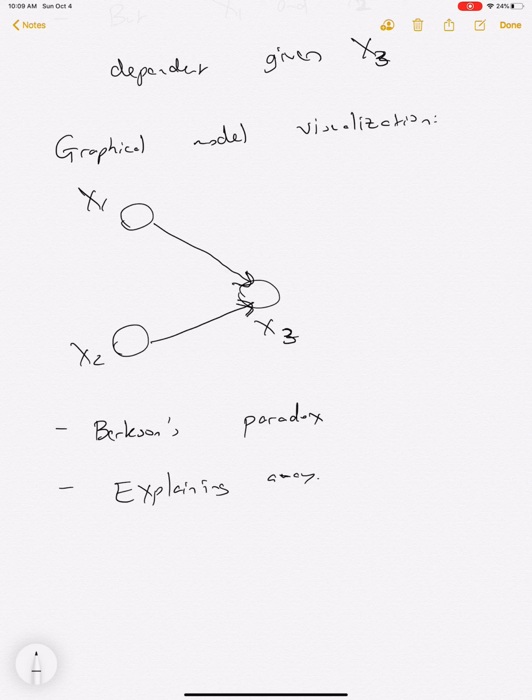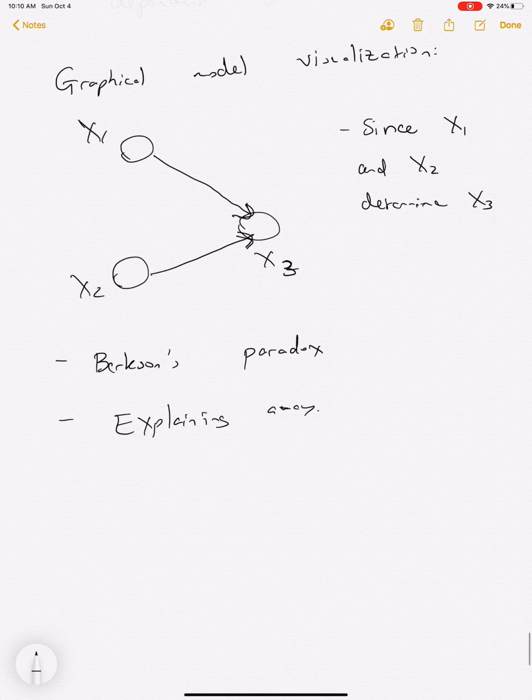And so this is the graphical model representation of that. And the idea here is that X1 and X2 determine X3, and that's why the arrows are going this way.